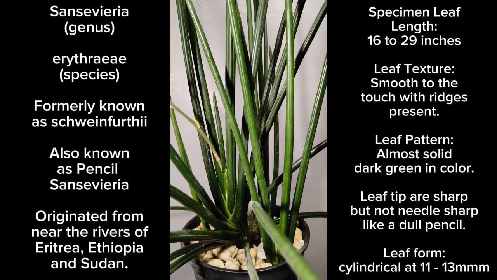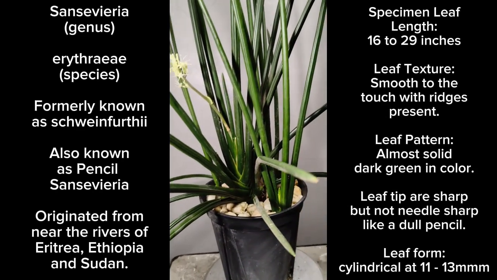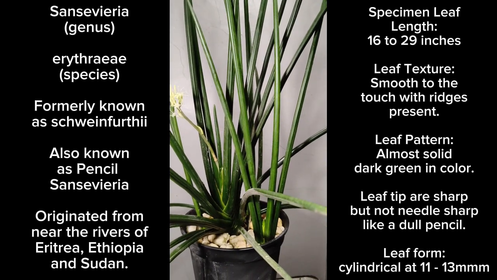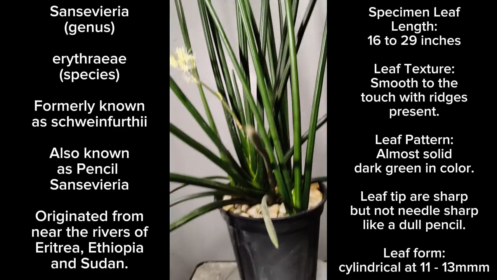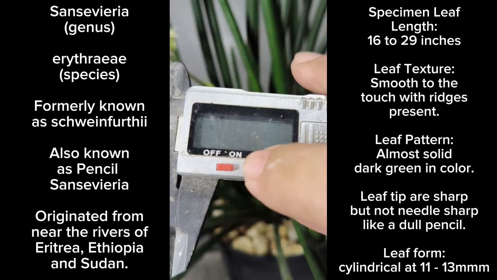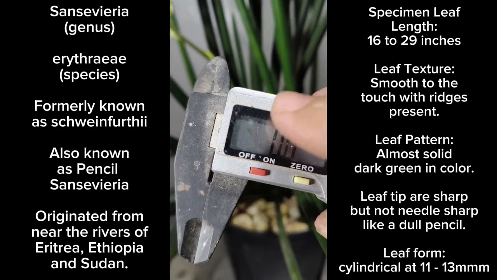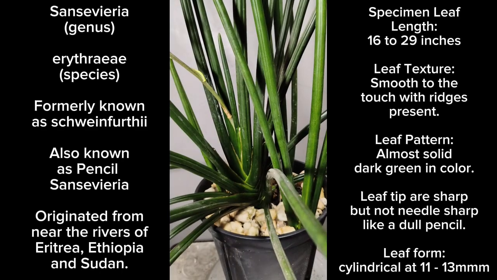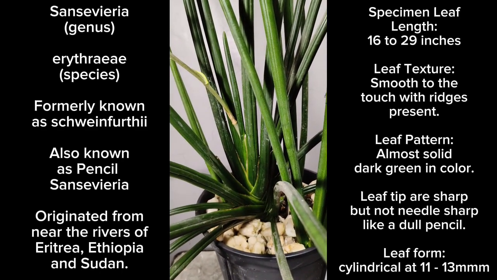next, I'm not sure if I have my tool here to measure the leaf thickness of the Sansevieria erythraeae. I have this trusty caliper, which is digital. So turn it on, set it to 0, and then perhaps check how thick one of the leaves is.